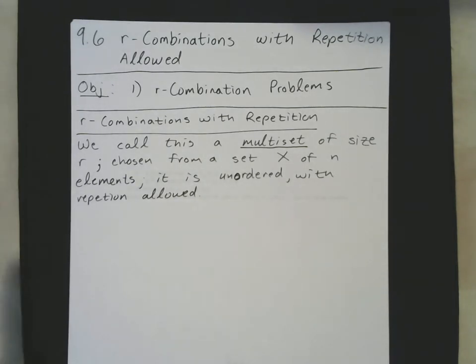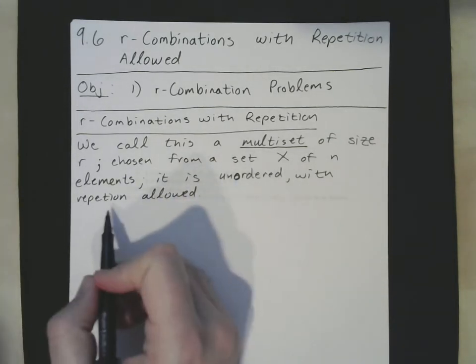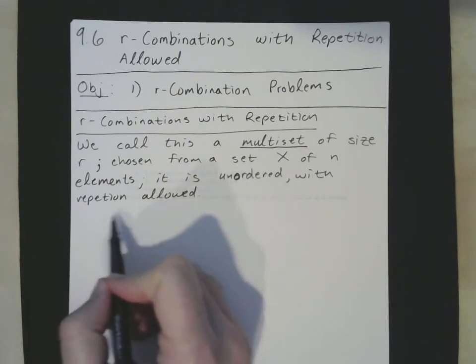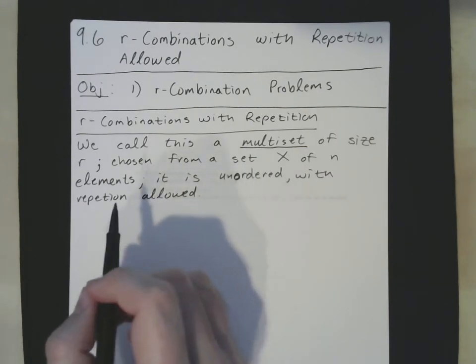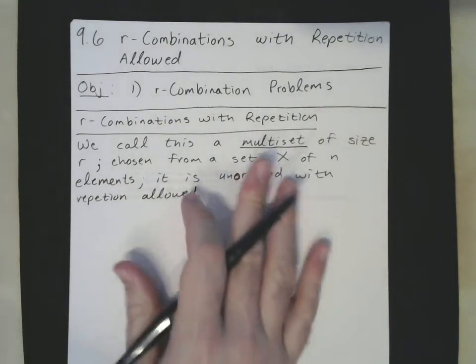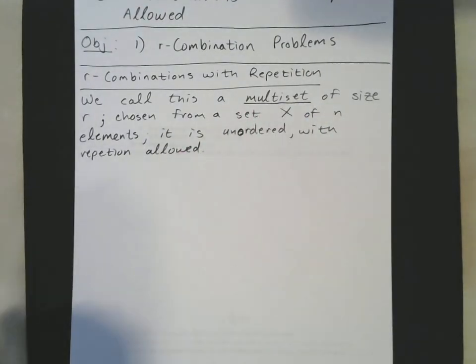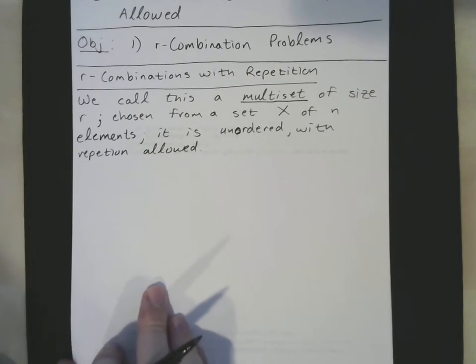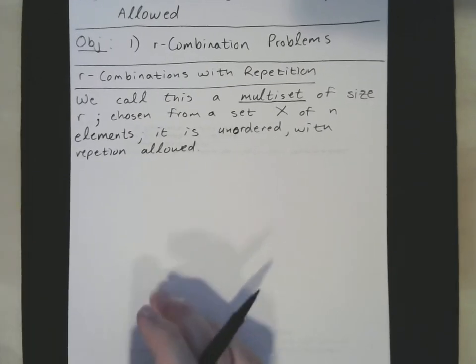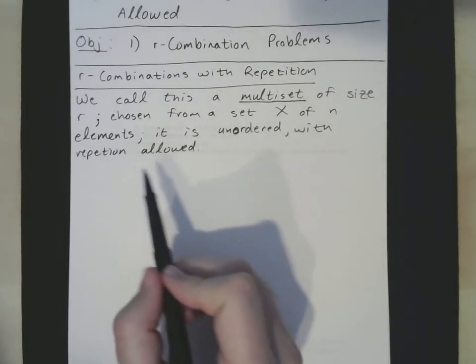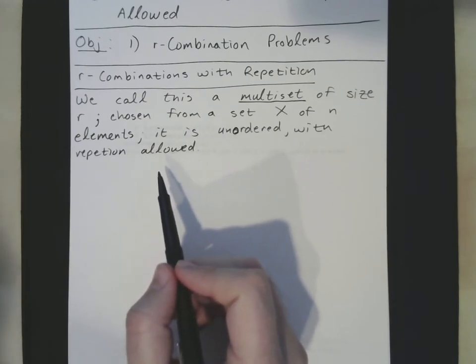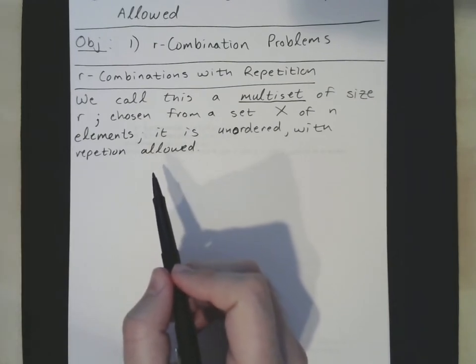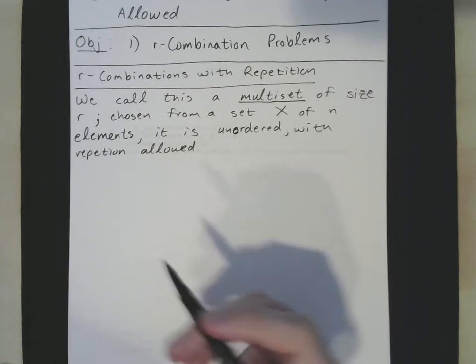So the big thing here is it's repetition allowed, not necessarily enforced. The elements have to be unordered, not unsorted, because technically they're sorted. They come from our set X. And just because we allow repetition doesn't mean that we're actually going to see repetition. So that's the really important phrasing here: yes, we can repeat elements from set X, but we don't necessarily need to.